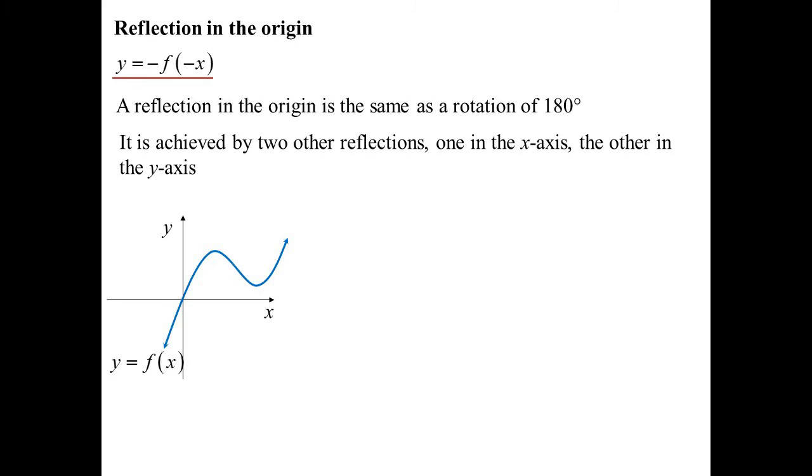Here's a random curve, f(x), slide across. If I reflect in the, hang on, which one have I done first? I've reflected in the x-axis first. That's a horizontal reflection, so it's the y values we're affecting. So that becomes minus y equals f(x), or y equals minus f(x).